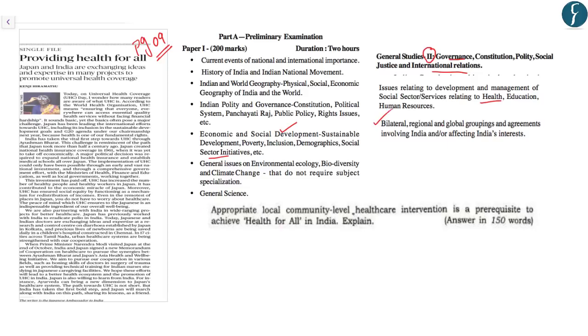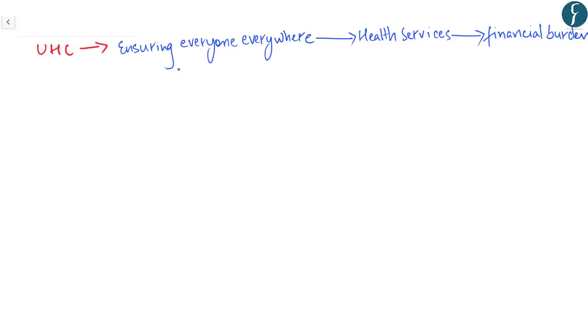Now, a question related to health for all has been asked in the 2018 prelims under GS paper 2. Therefore, issues related to health become very important from a UPSC perspective. Before we discuss what the author has said in this article, we should know what universal health coverage actually means.